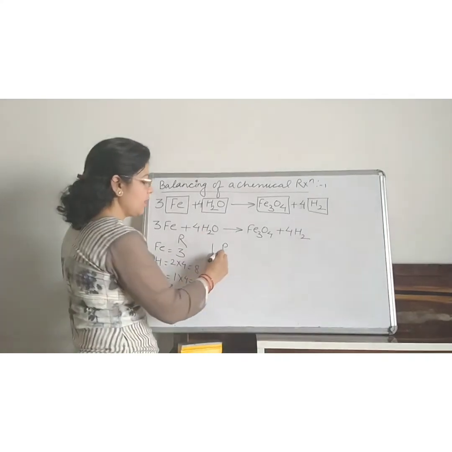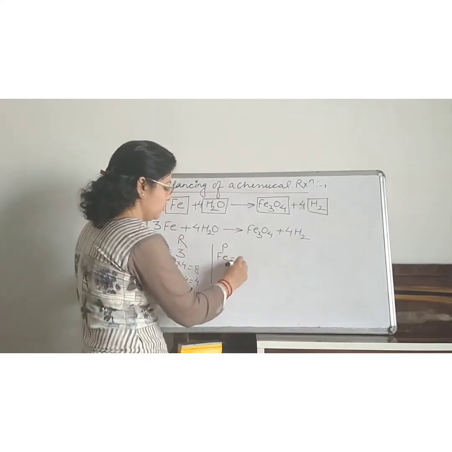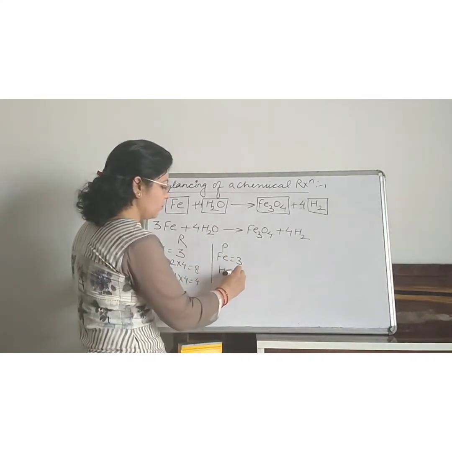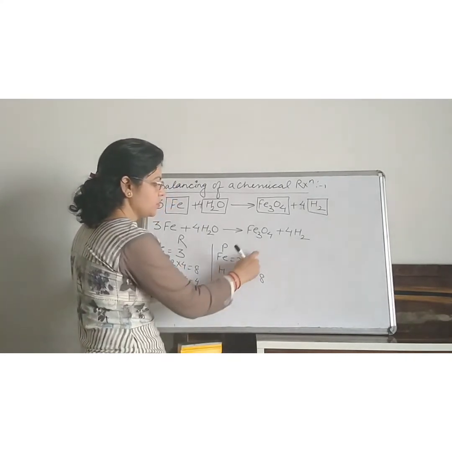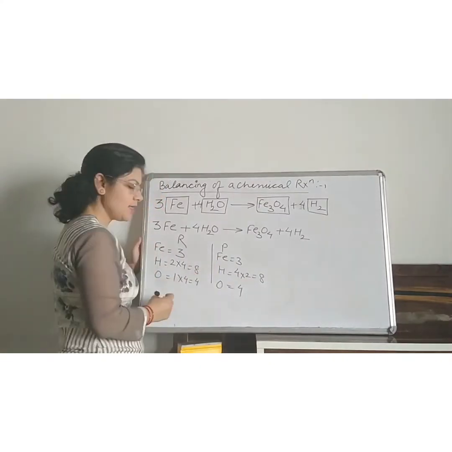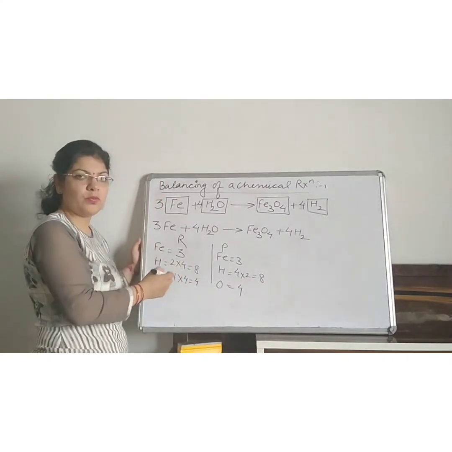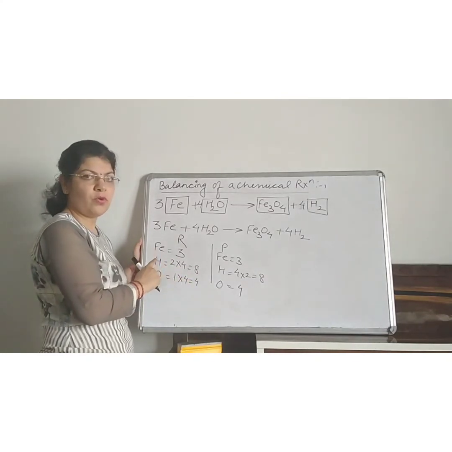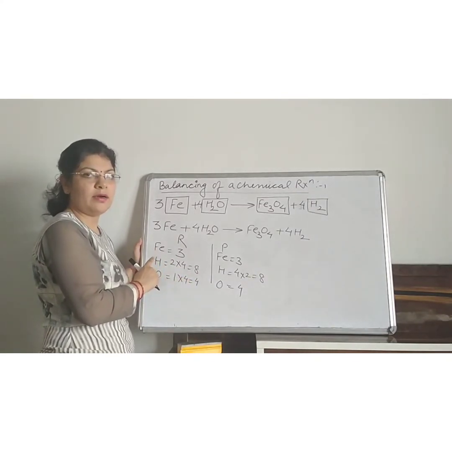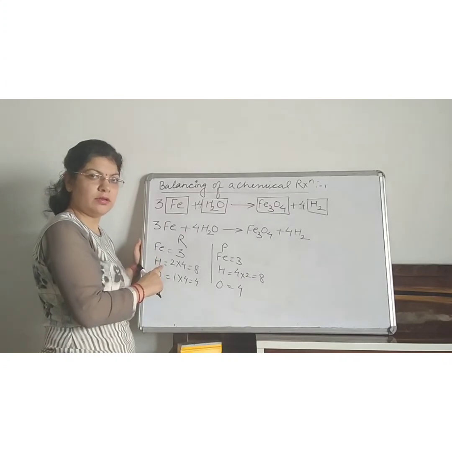And on the product side, iron atoms are 3, hydrogen is 4 into 2, that is again 8, and oxygen atoms are 4. As the number of atoms on both sides is the same, it is the required balanced chemical reaction.